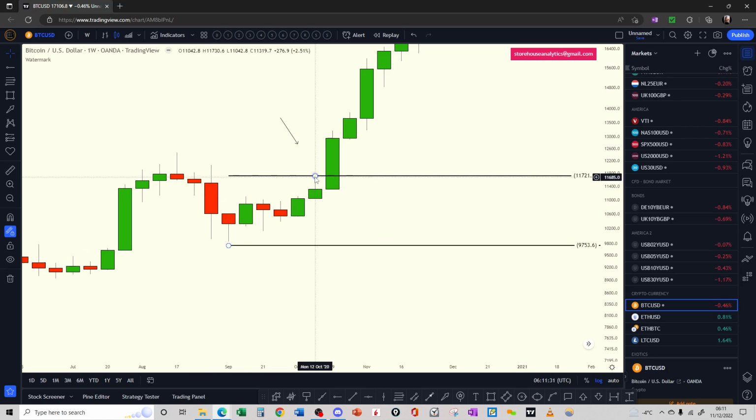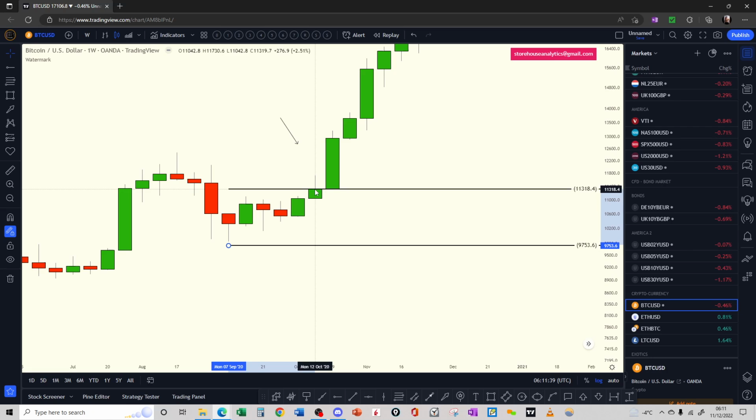So you want to put the proximal line at the highest price in the base, or you can do the Goldilocks and put it somewhere there, which is the body of the candle before the rally out, I should say. In this case, that also happens to tally with the origin of the big move in price.